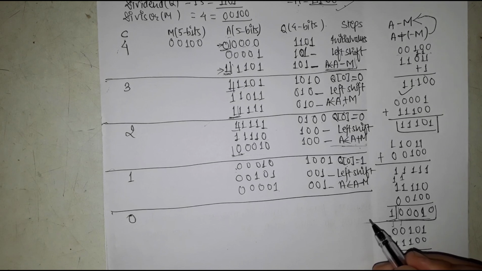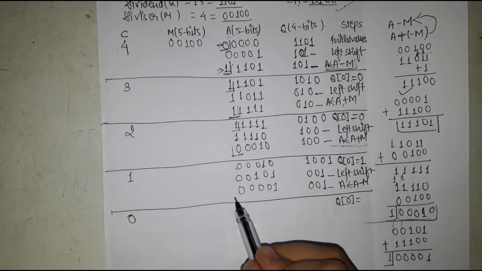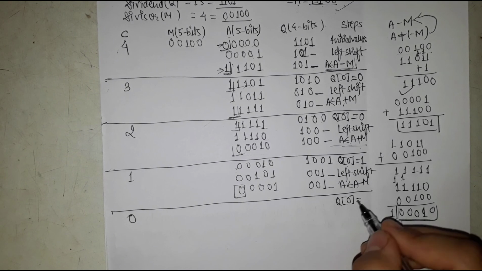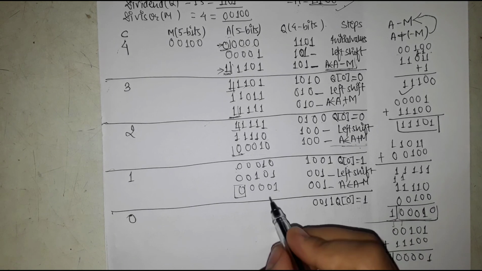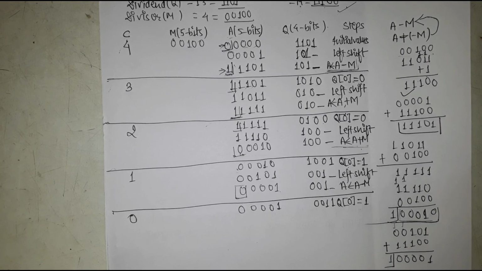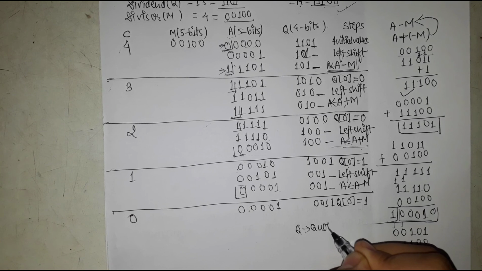So now we'll have to find the value for Q0, and you have to check the first digit of this accumulator, and you have 0. Since you have 0 here, you will be writing 1 over here, and so here too, and write like this. Okay, just in order to remember whether A is the quotient or Q is the quotient, Q is for dividend in fact, but you can say Q is for quotient for now, just for now.